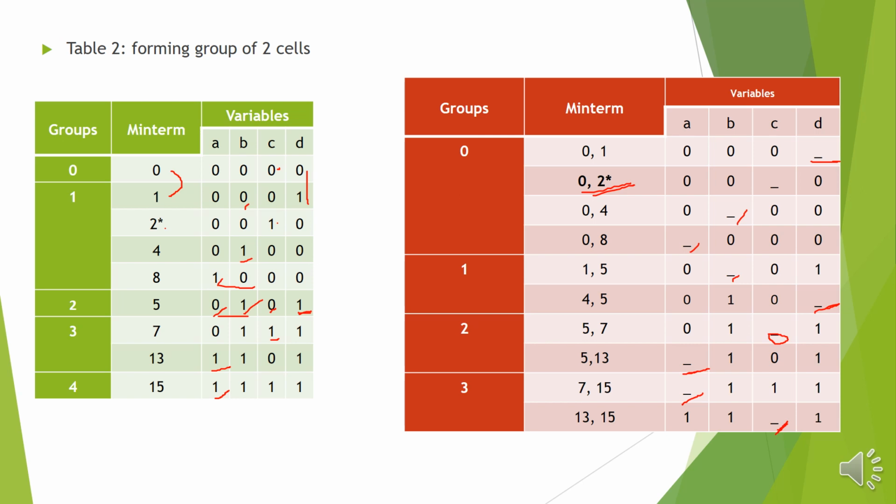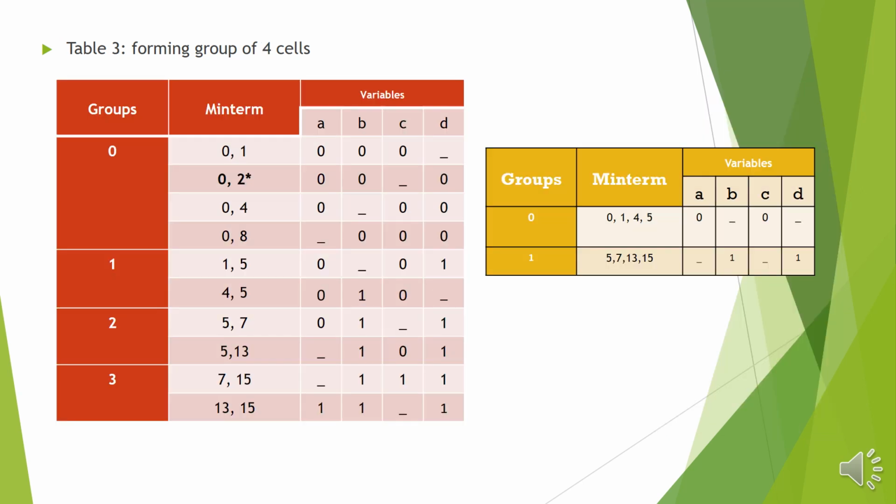Okay, then let us form the groups that are covered. Here you can go with the group of two cells where 0 and 8 are covered, and this group of two cells should be present in the final expression. So the answer is B bar, C bar, D bar, which should be added to the answer.